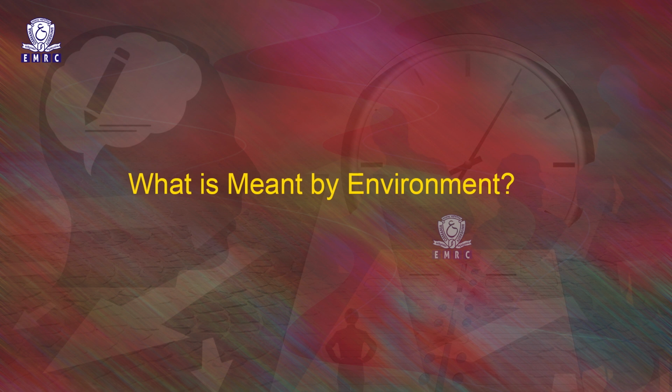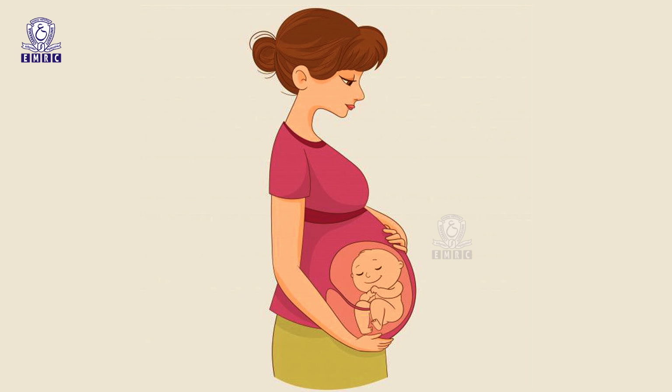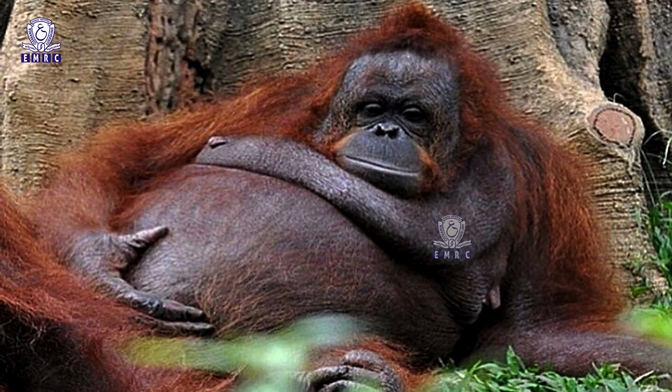What is meant by environment? In simple terms, environment means the society, the fields of society and even the whole world. But here the word environment is restricted to mean the environment within the mother's womb and just after birth, as well as the environment around the individual. Like heredity, environment has also been found to play a very important role in determining the behavior and personality development of an individual.